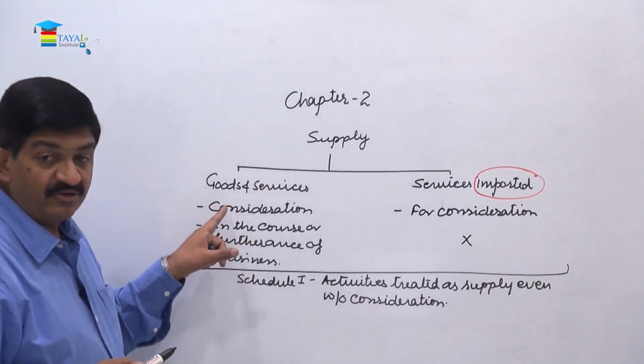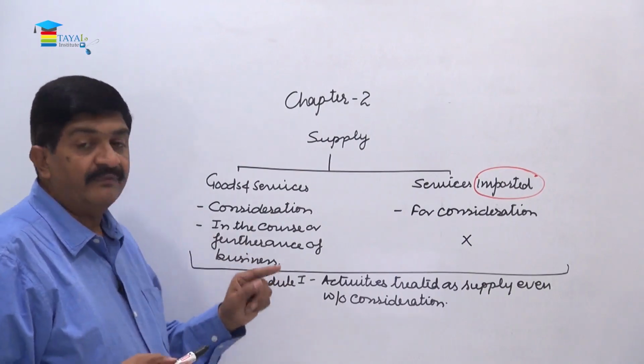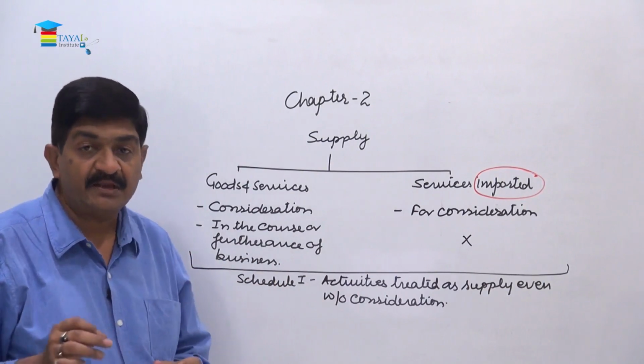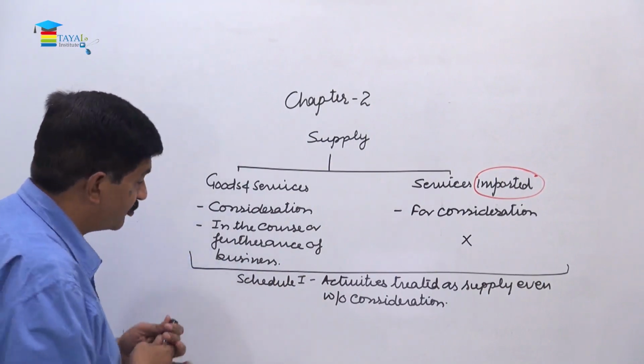Here we said consideration is important, but in Schedule 1 we have a number of transactions which are treated as supply even if there is no consideration.